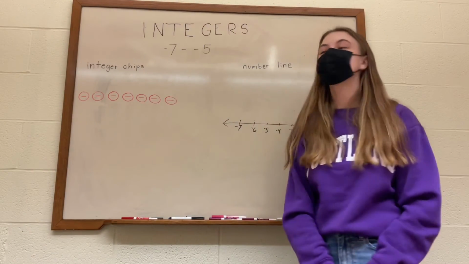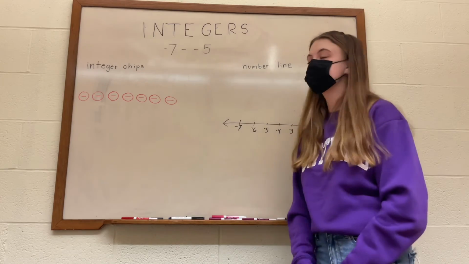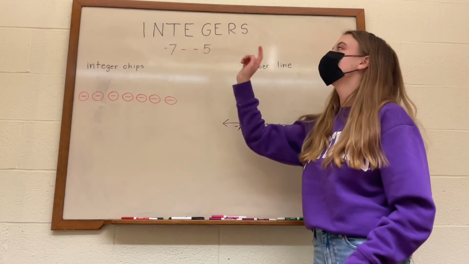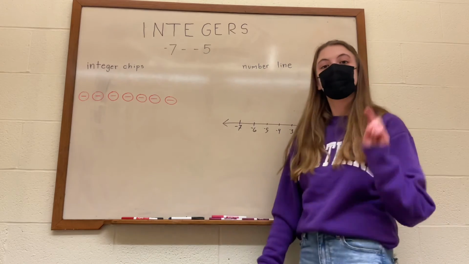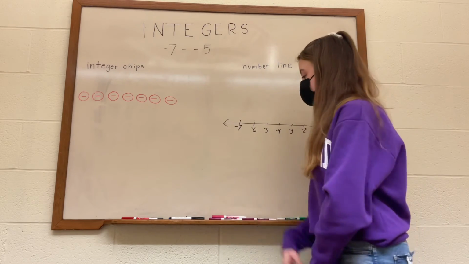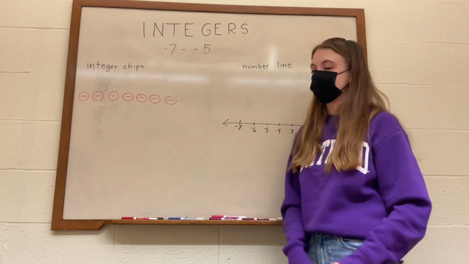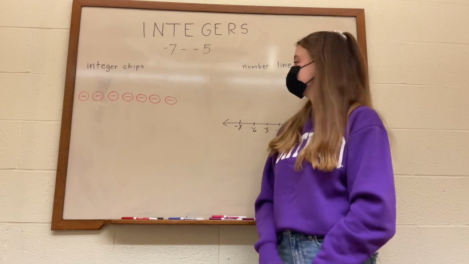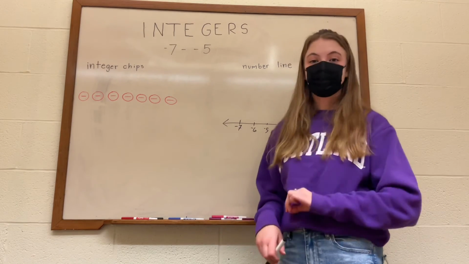All right, we're going to be solving a problem with negative integers, and the problem is going to be -7 minus -5. So the first way we will be solving this is by using integer chips. So I just took -7 chips.